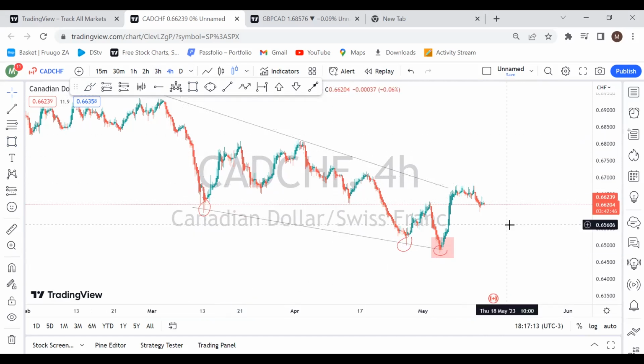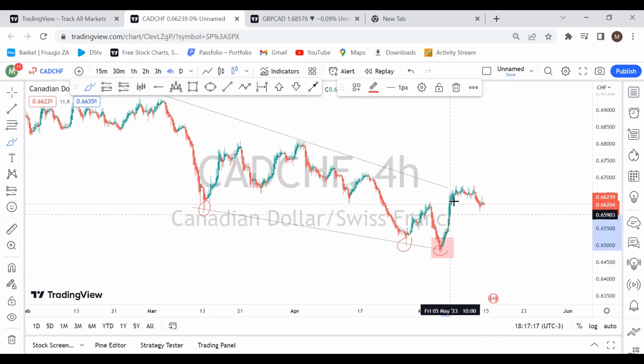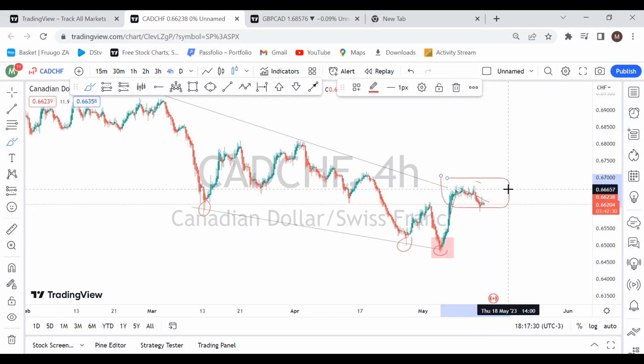Okay, cool. The price already rejected and gave us a clear impulse. That looks fine. So the price got itself into some kind of corrective behavior, right?